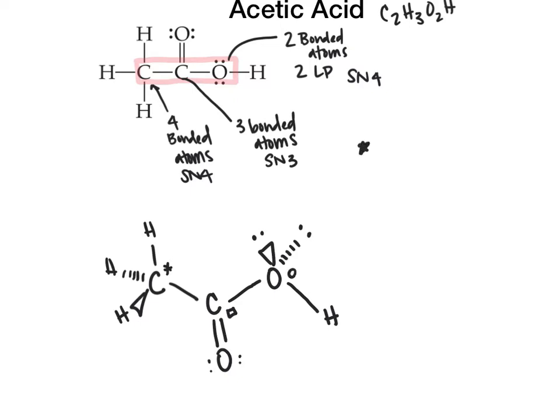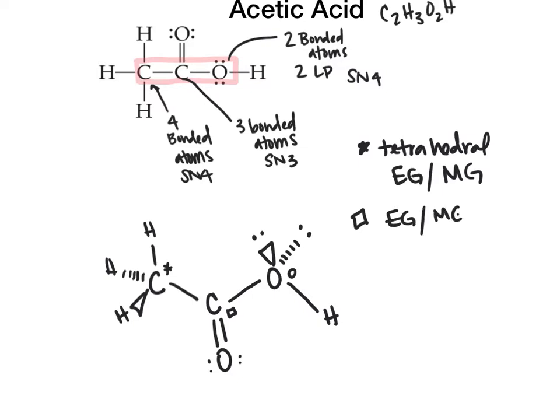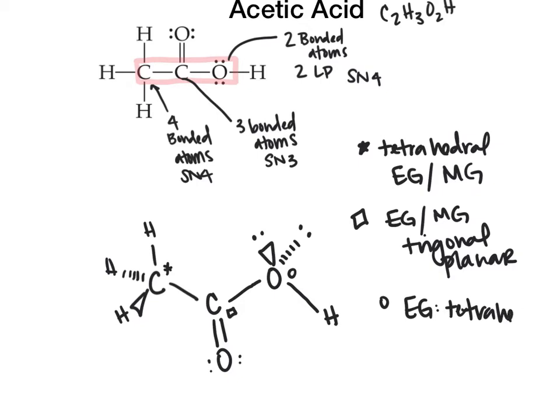For the star, we have tetrahedral as both the electron geometry and the molecular geometry. For the square, we have electron geometry and molecular geometry that's trigonal planar. For the circle, the electron geometry is tetrahedral and the molecular geometry is bent.